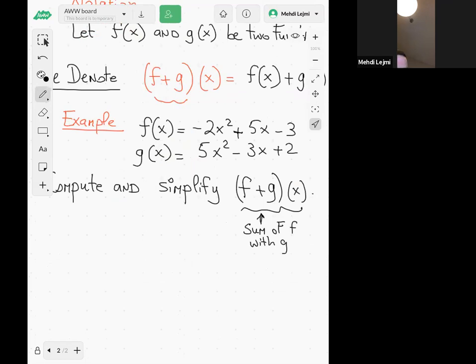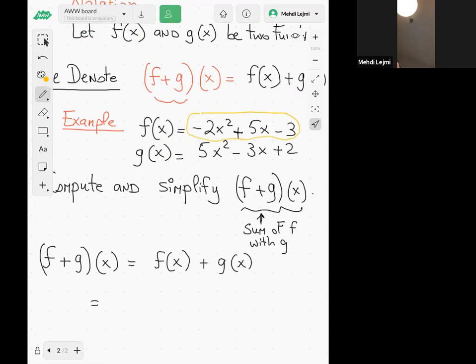So how do you compute that? It's a natural way to add functions. As I said, it's just f of x plus g of x. What's my f of x? It's minus 2x squared plus 5x minus 3.